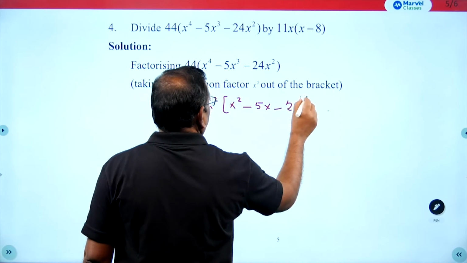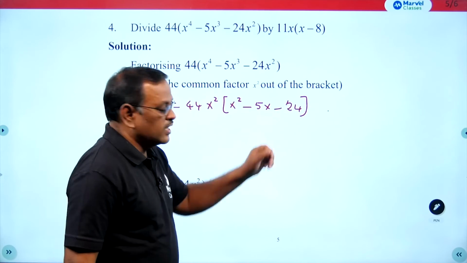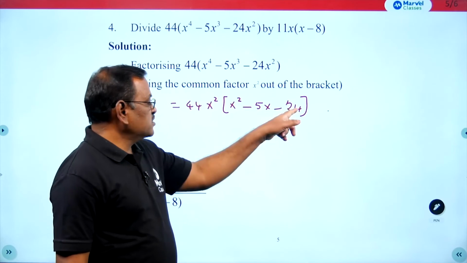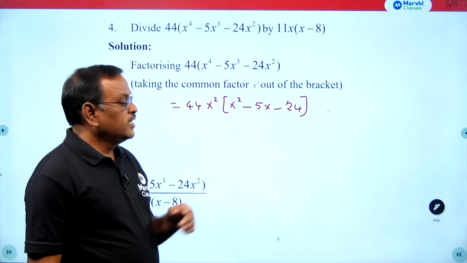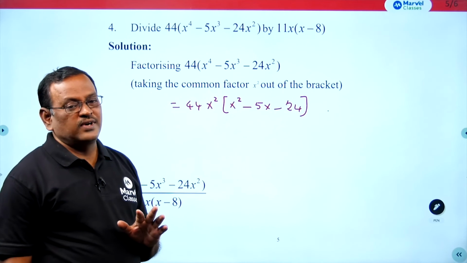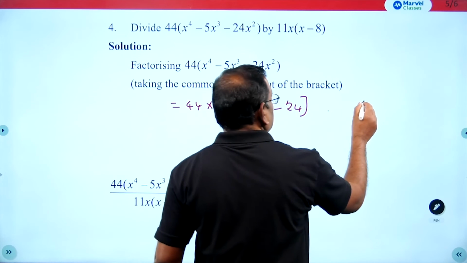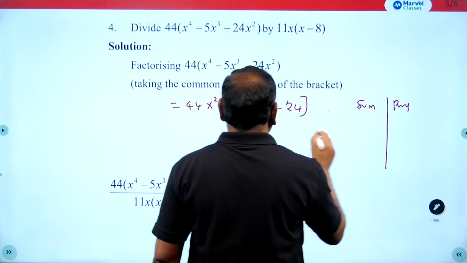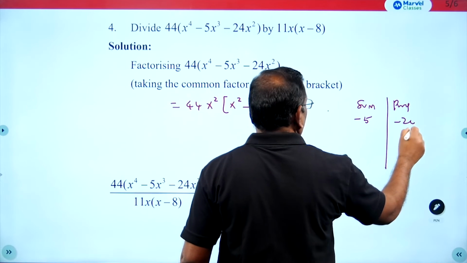Now it is a trinomial and this is not a square number. So what is the suitable concept for this? If it is a square number with positive sign, we can apply the identity, but it is not, and hence the only possibility is splitting the middle term. Sum is minus 5 and product is minus 24.